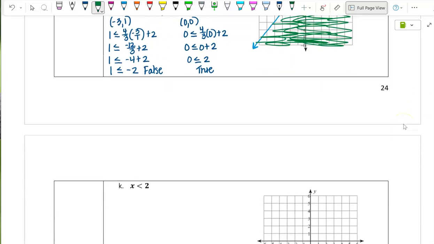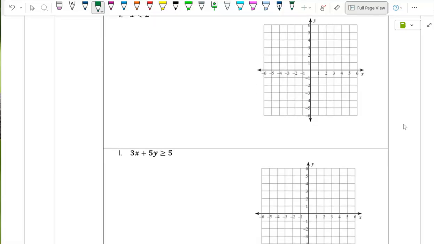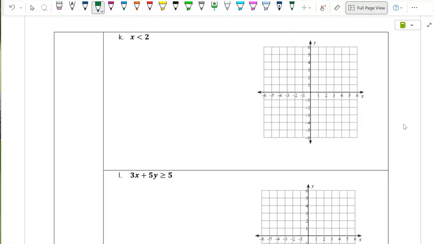All right, the next page, we still got a couple more here. K, x is less than 2. Again, this is another one that only has one of the two variables here. So when it's an x, that means we are going to have a vertical line at 2.